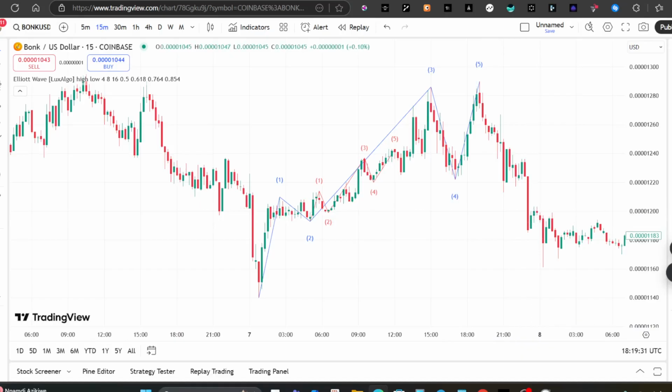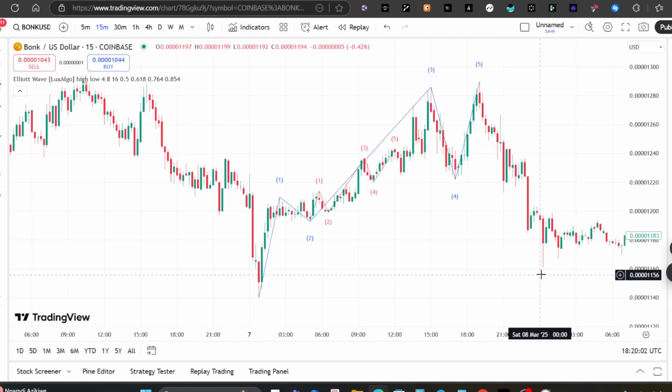Now, let us talk about how to spot Elliott wave extensions, okay? The most important thing to know is that extensions don't happen every time. You have to know that, okay? But when they do, they are usually very noticeable. One of the best ways to spot these extensions is by looking for the signs of an unusually strong wave 3. All right. Now, wave 3 is the primary wave where extensions happen, and it is often the longest and most powerful.